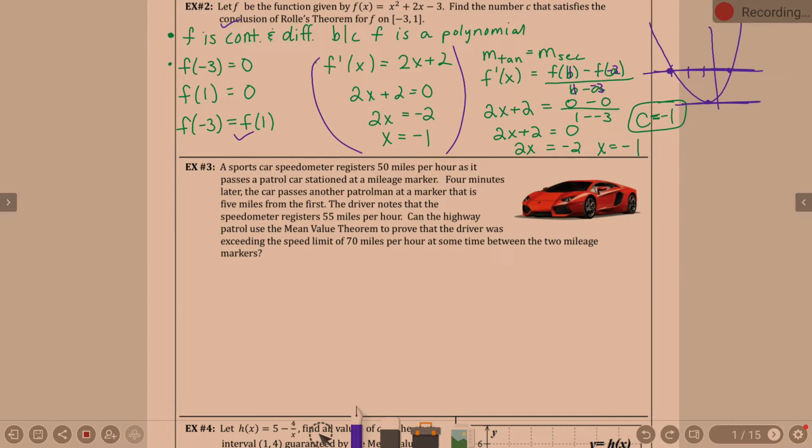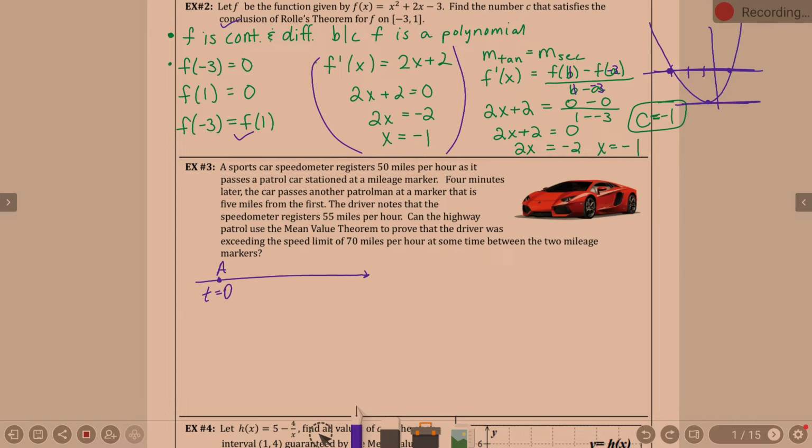Okay. Let's talk about speeding. The race car, the fancy red sports car here. So, as we look at this, we've got our car driving here, right? And when it passes the first patrol guy, I'm going to call that t equals 0.